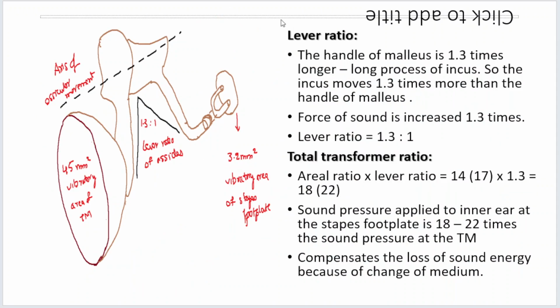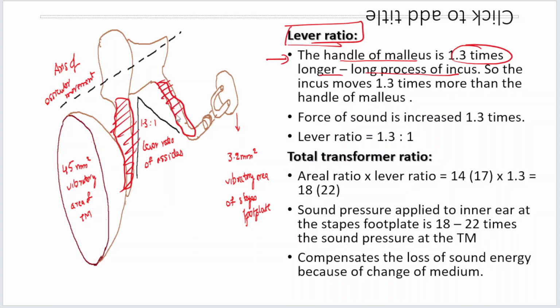Now we'll come to the lever ratio. The handle of the malleus is 1.3 times longer than the long process of the incus. So the force of the sound is increased 1.3 times.